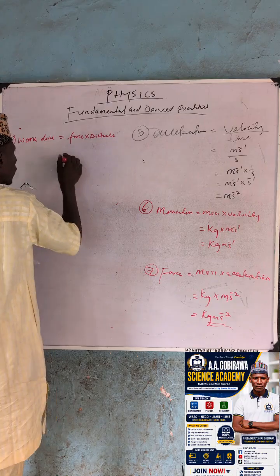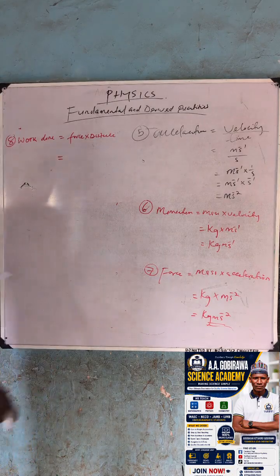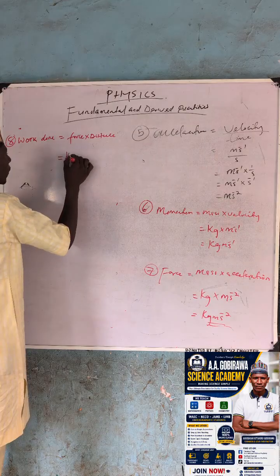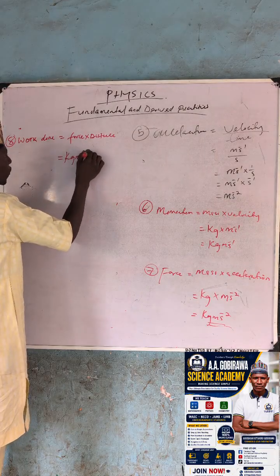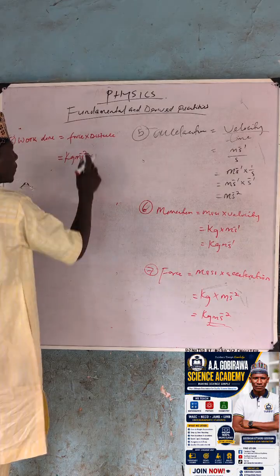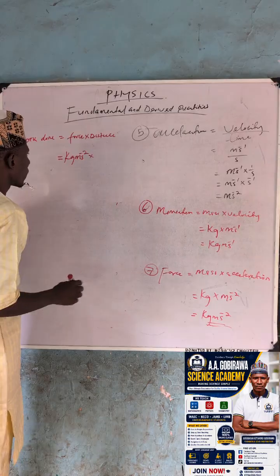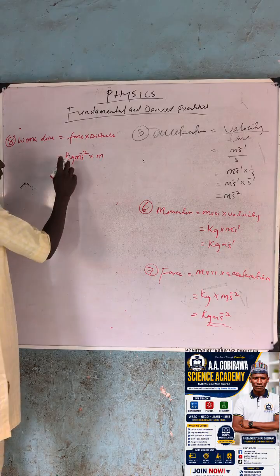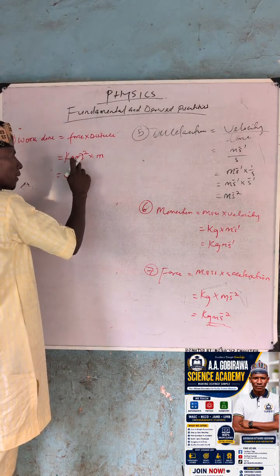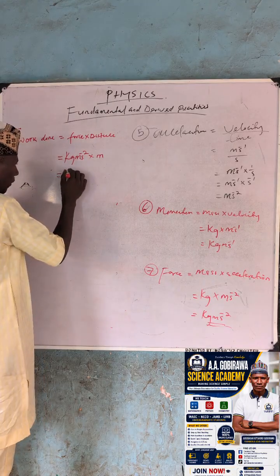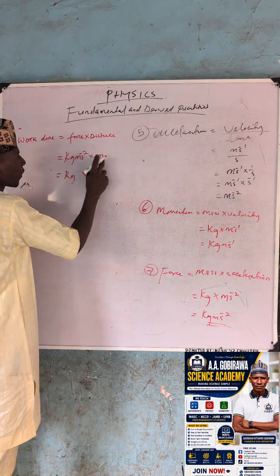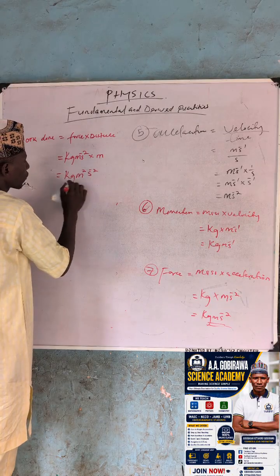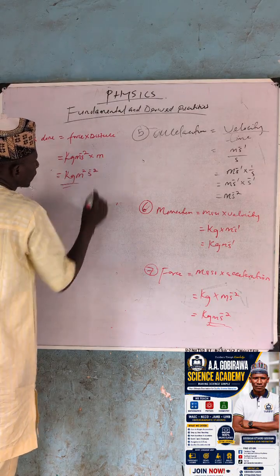We know force is mass times acceleration, which is kilogram meter per second square, times distance, which is meter. In form of indices, we have kilogram meter per second square, here meter, here meter. So meter, 1 plus 1 is 2. Kilogram meter square per second square.